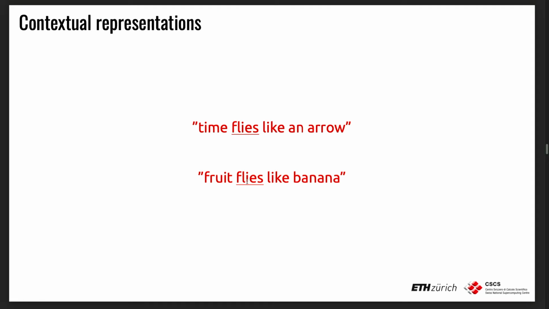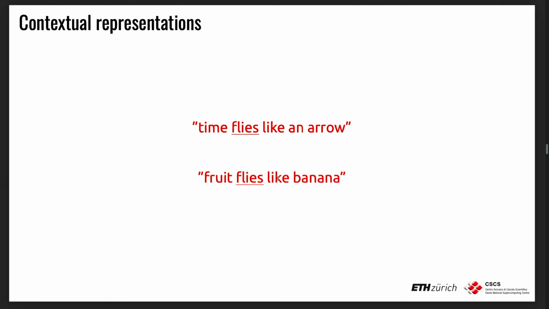But let's say for flies, what is more relevant for us humans in this sentence is the word fruit next to it and the word banana, which is a fruit. These two probably give the same amount of information.